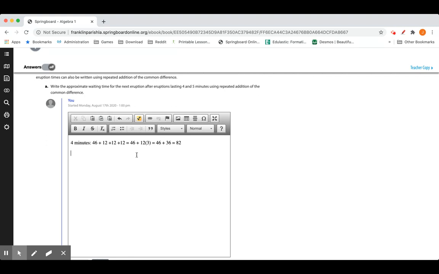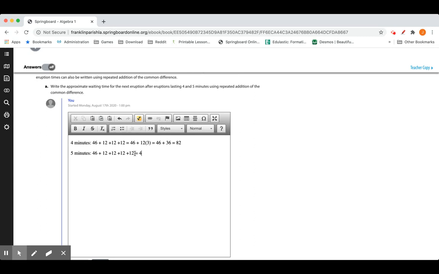Next, it also wanted at 5 minutes. We just do the same thing, so we will have 5 terms. 46 plus 12, 12 plus 12 plus 12 plus 12. 1, 2, 3, 4, 5.